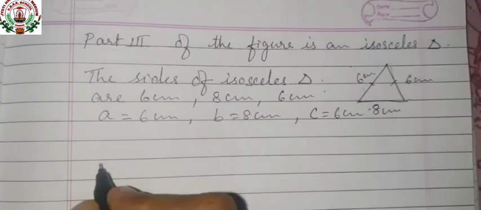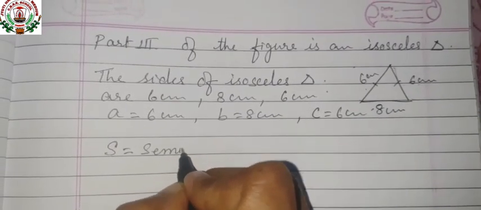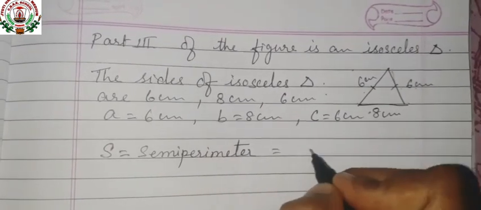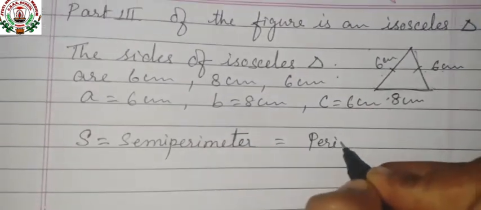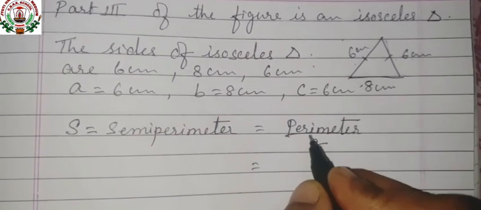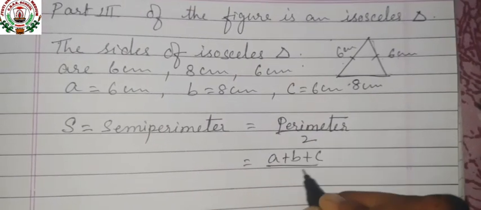Now to use Heron's formula we need S. S means semi perimeter, which is equal to what? Perimeter upon 2. We know that perimeter means sum of all the sides. So A plus B plus C upon 2.